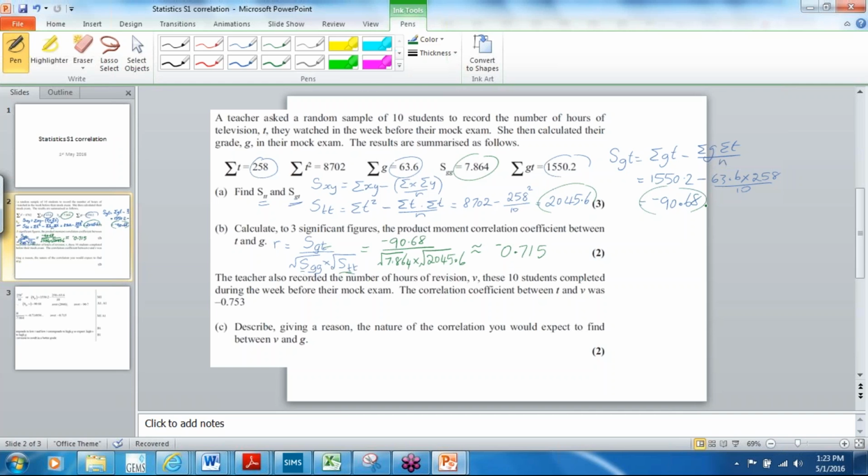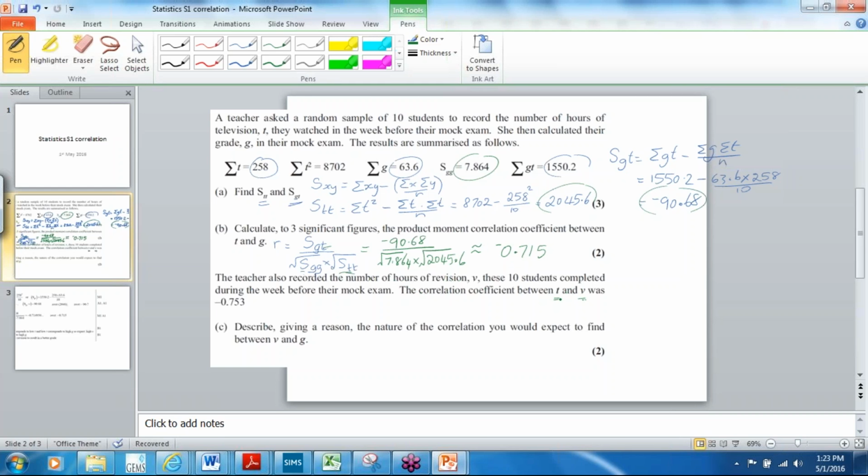See how we go with that. Now the teacher also recorded the number of hours of revision these 10 students completed during the week before their mock exam. The correlation coefficient between T and V, between the time that they watch TV and their number of hours of revision, was a negative correlation.